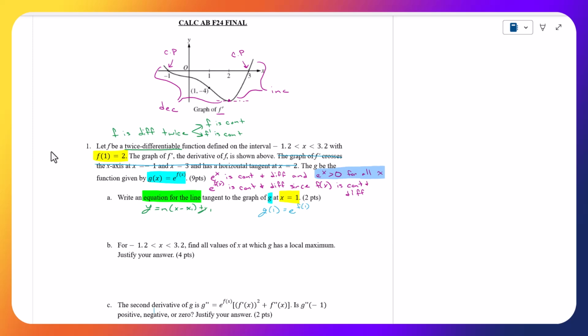Highlighter's messing up. Okay. So how do we find m? Well, m is our slope. Our fancy word for slope in this class is our derivative. So let's find our derivative. And here you just need the rule that hopefully you've memorized, because I've quizzed about it a lot. We want the derivative with respect to x of e to the f of x.